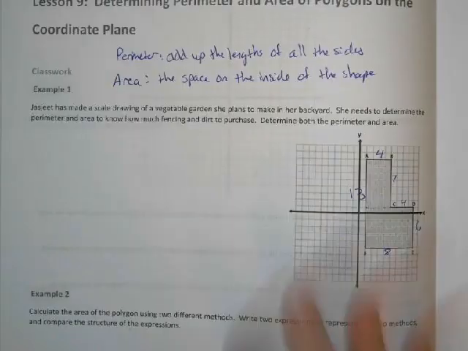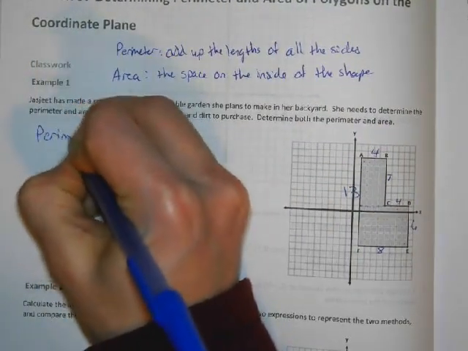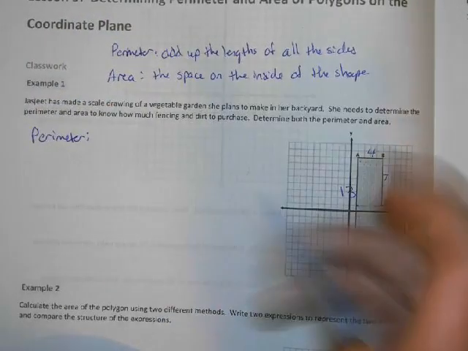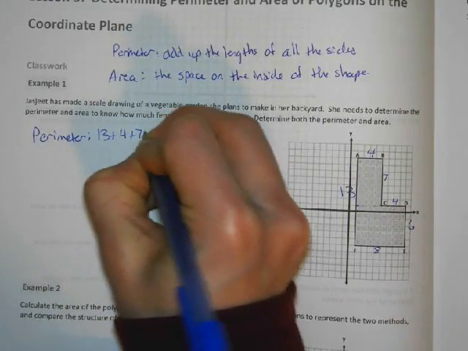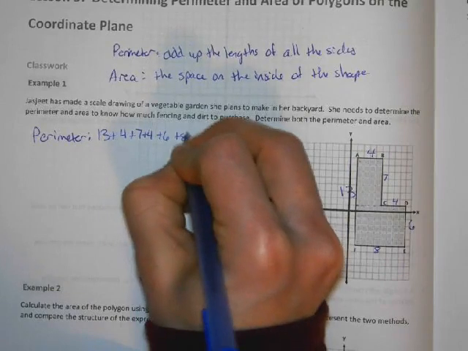Now, these are all the side lengths. So this is what I'll use for the perimeter. And so I can take all of these numbers and add them up. So that's 13 plus 4 plus 7 plus 4 plus 6 plus 8.